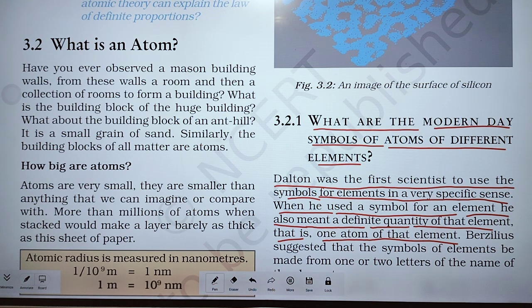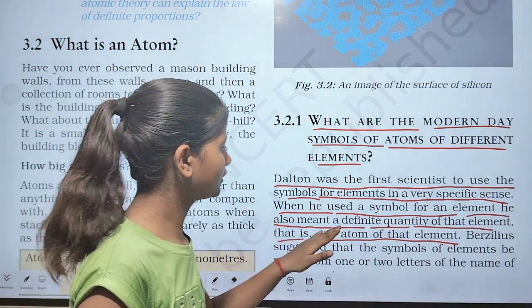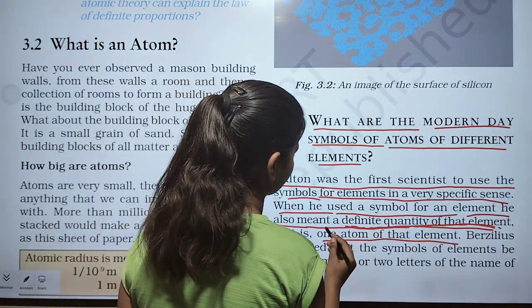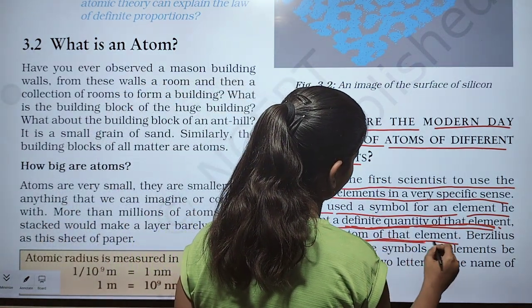It means that when he used a symbol for an atom, he also meant a definite quantity of that atom, that is, one atom of that element.